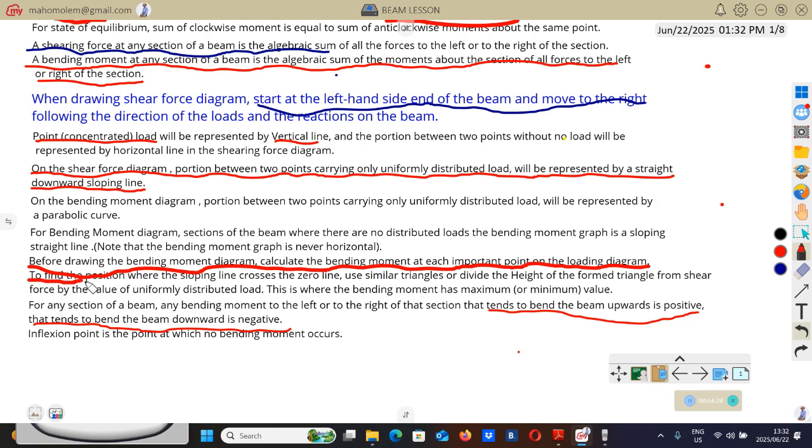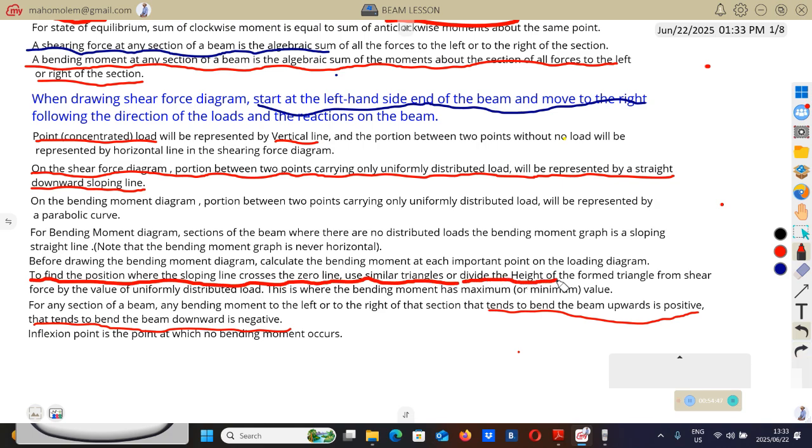To find the position where the sloping line crosses the 0 line, use similar triangles, or just divide the height of the formed triangle from the shear force diagram by the value of the uniformly distributed load.